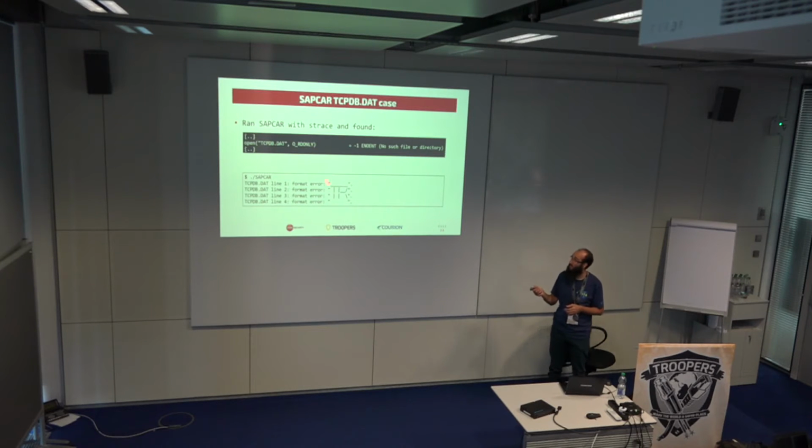But the interesting thing is that I can use it for printing ASCII stuff, like for example, the TR from Troopers. So this is something really weird. If you write a file in the same directory that SAP CAR is running, it opens it and reads it and parses some data, and if the parsing is not the right one, it prints some errors. So this is just for reference.